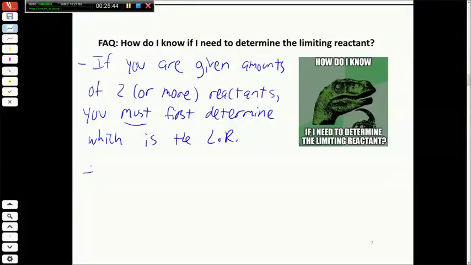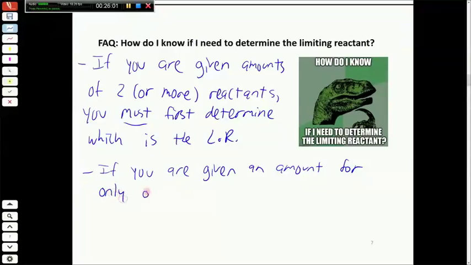The other situation that could sometimes happen is that in many of these problems, like the ones we did in the beginning of Chapter 5, we would only give you the amount of one reactant. If we're given an amount for only one reactant, you assume that that is the limiting reactant, and you just start the problem normally.